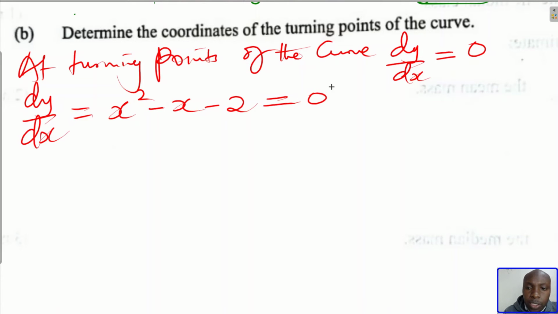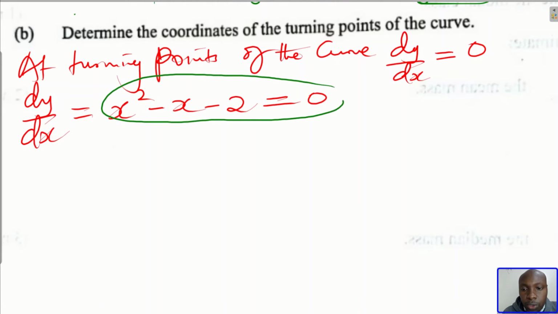And you notice that this one forms a quadratic equation. So when we solve this quadratic equation, we shall get two values of x. Two x coordinates, and those two values of x are going to assist us to get the corresponding values of y, and we shall get the points.